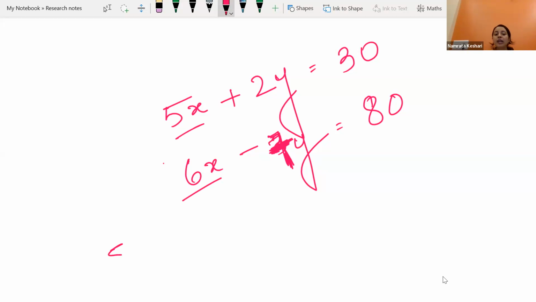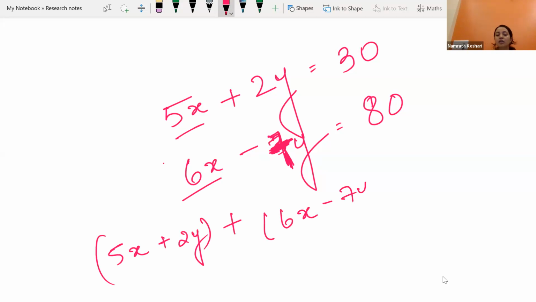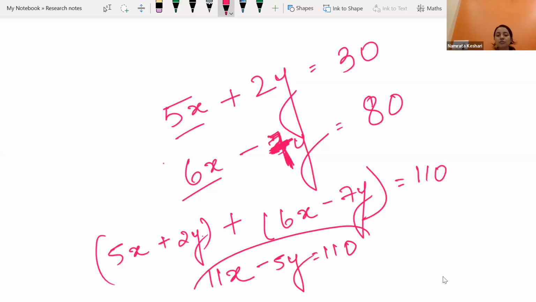Now if you add or subtract, check it. If you add it now, I am writing the addition sign, nothing will vanish and you will have a new equation and you won't be able to understand what to do. 5x plus 6x is 11x, 2y minus 7y is minus 5y. You have generated a new equation for what?